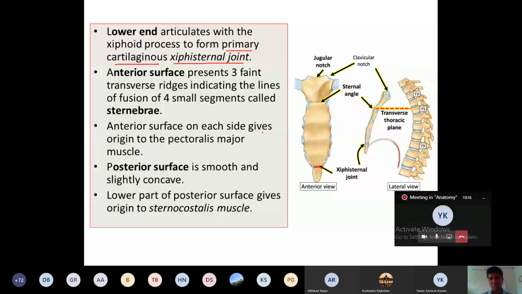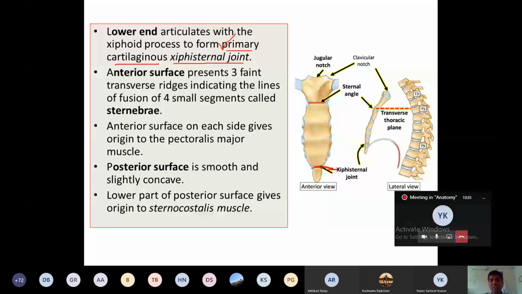Here it is written. And which type of joint is this? Primary cartilaginous joint. And the sternal angle, or the manubriosternal joint, is which type of joint? Secondary cartilaginous joint. So you always have to remember these two types of joints.